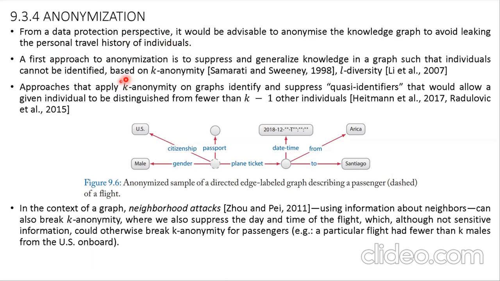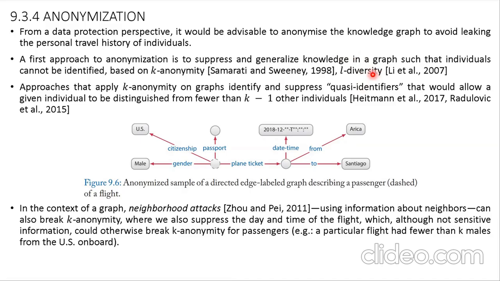The first approach to anonymization is to suppress and generalize the knowledge in a graph such that one tourist cannot be identified. It could be based on k-anonymity, proposed by Samarati and Sweeney, which guarantees that the data of a tourist is indistinguishable from at least k minus one other tourists.